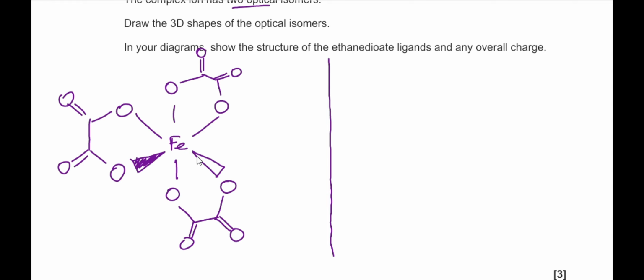Darken them. And to complete the 3D format, this will be the dashes. Now this is an ion, so put this in a square bracket.